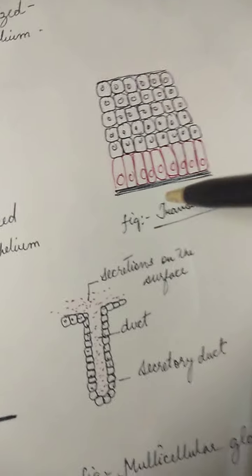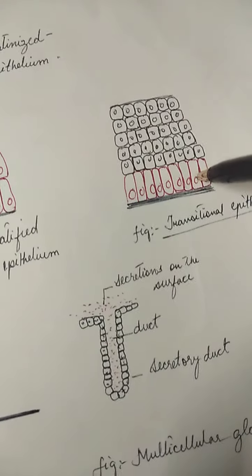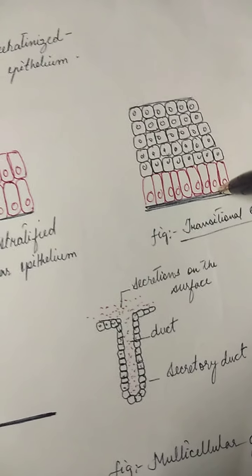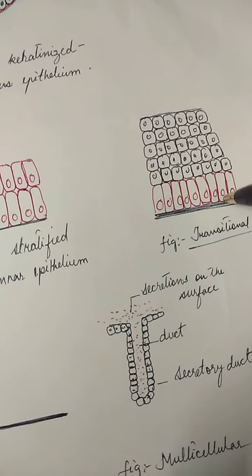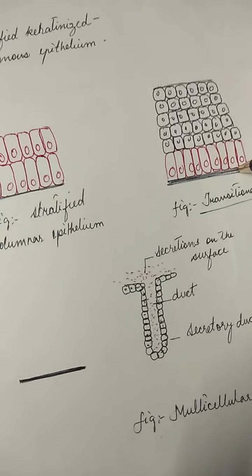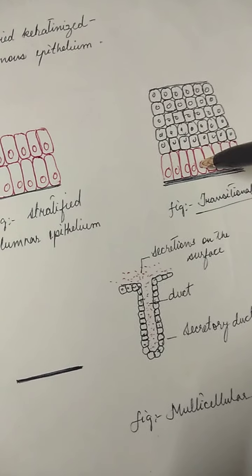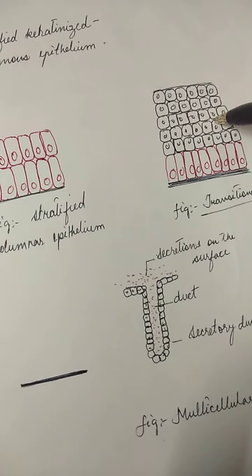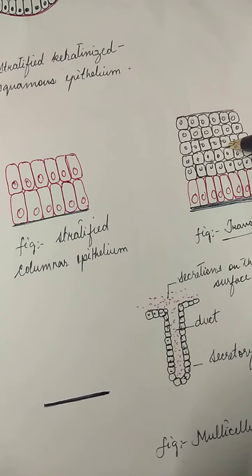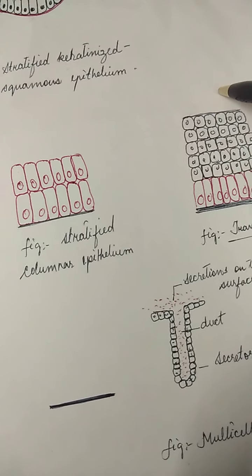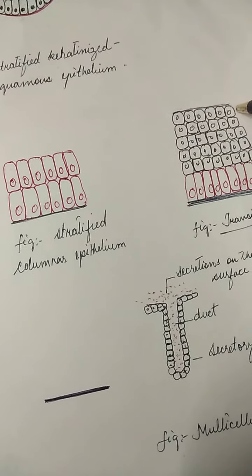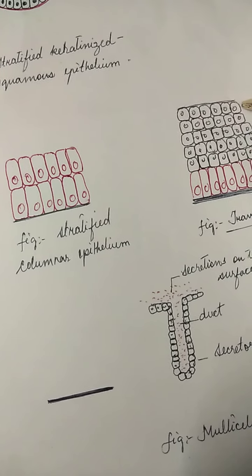Next, we go for transitional epithelium tissue. It has a single layer of cuboidal cells at the base, 2 to 3 middle layers of large polygonal or pear-shaped cells, and a superficial layer of large, broad, rectangular or oval cells.